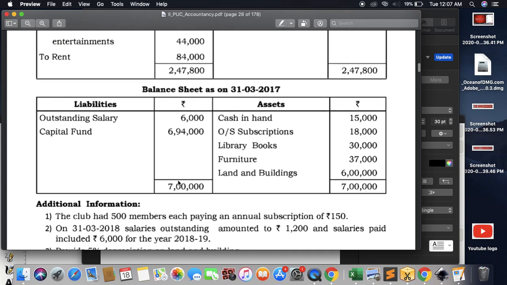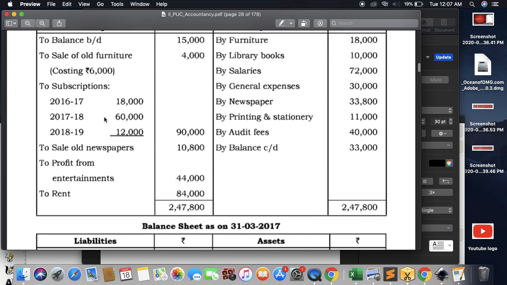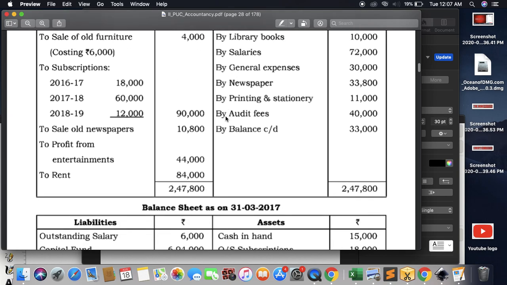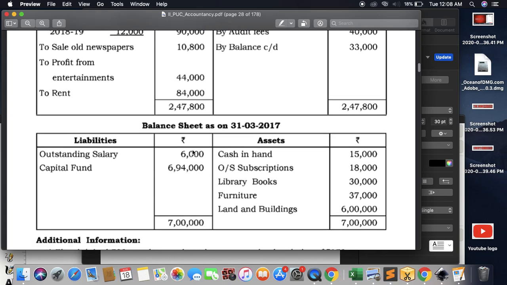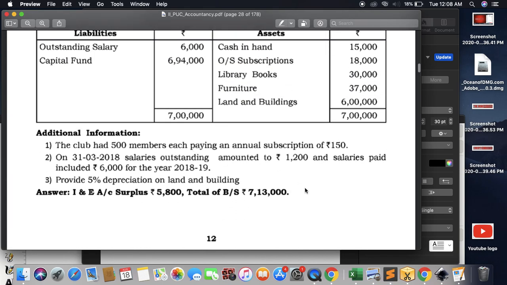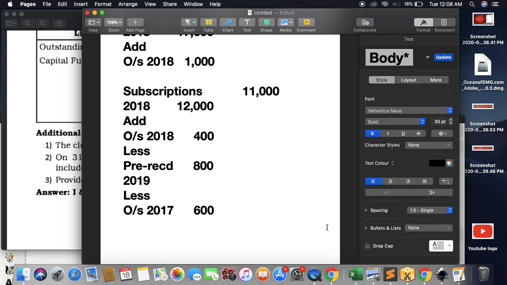It's not given. So basically you're just going to write this 60,000 because this is already taken care of. 18,000 is written separately. Or you can write 78,000 minus outstanding of last year. You arrive at the same figure. So that's the first category.